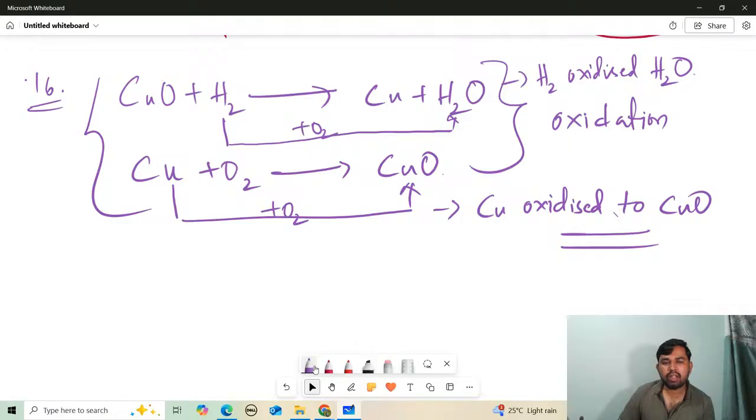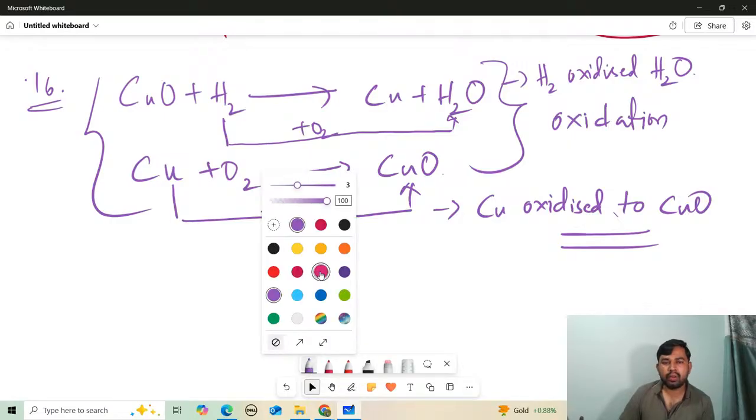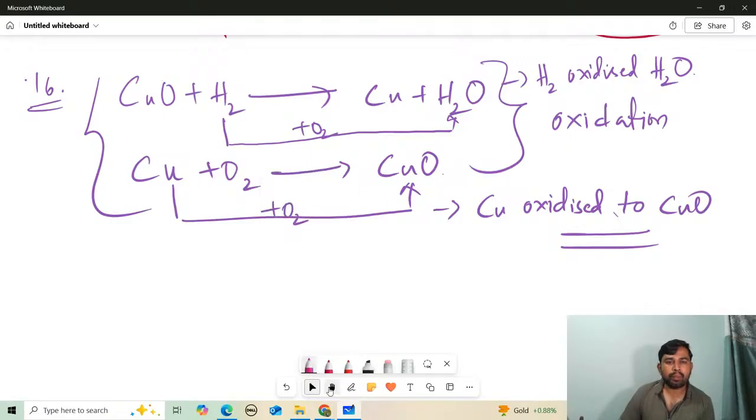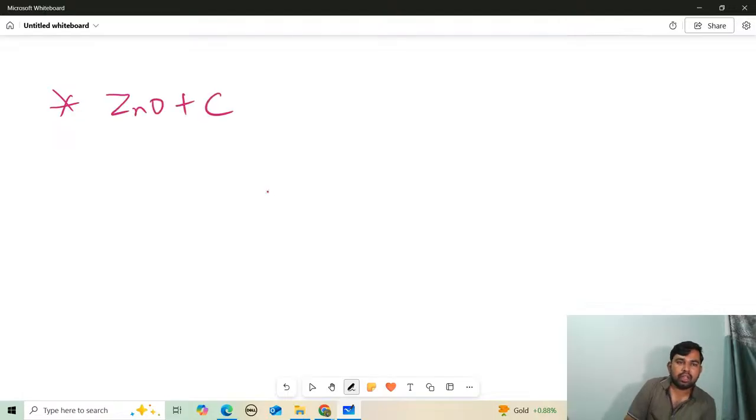Anyway, let me write other examples also. Now I will write another equation, a unique example for reduction. We have zinc oxide, and we are reducing zinc oxide, so I can get zinc plus carbon monoxide, or carbon dioxide, I think. Now here, do you see carbon?